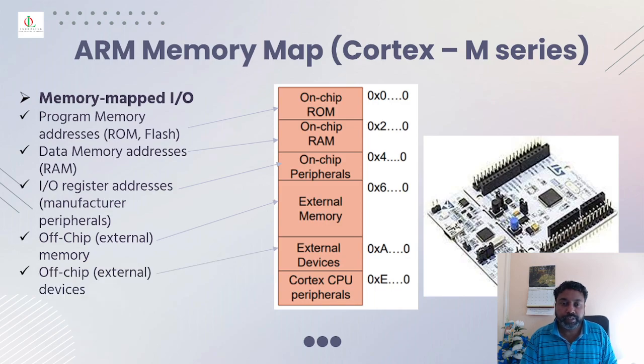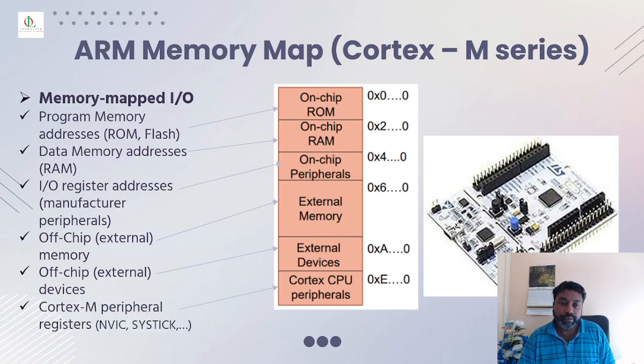And the external devices memory starts with 0xA to 0xDFFF. And the Cortex CPU peripherals, they start with the nested vector interrupt controller and the SysTick. They sit in this peripheral region with 0xE to 0xFFFF.